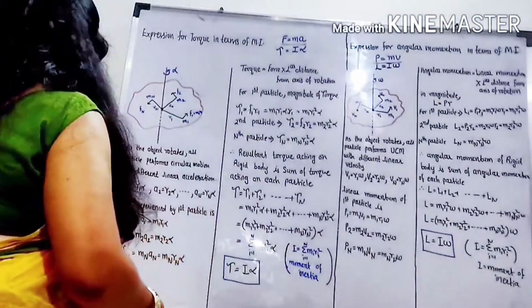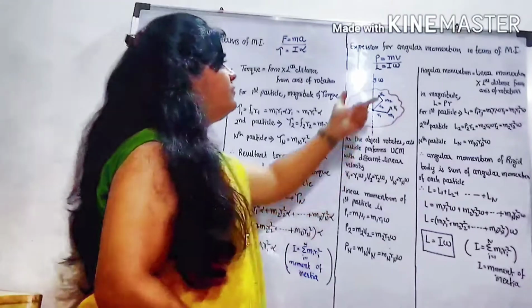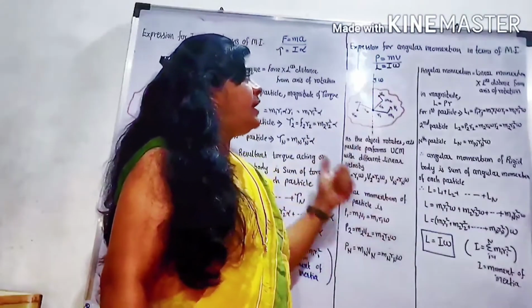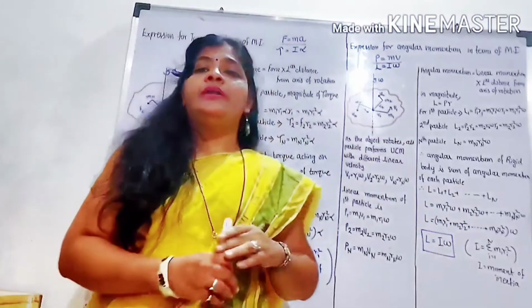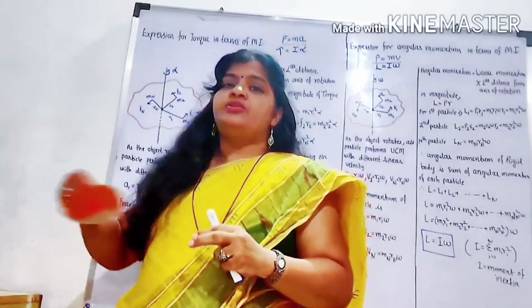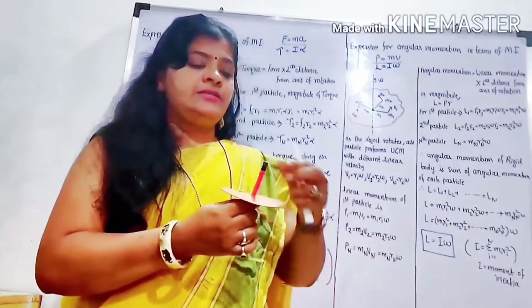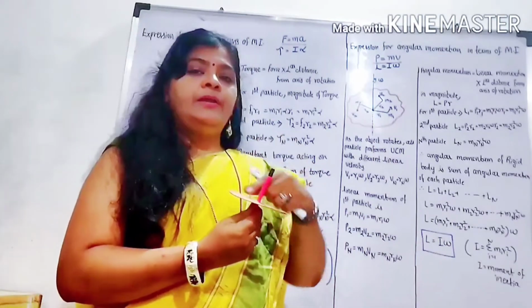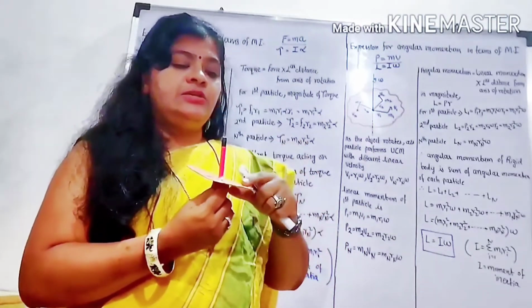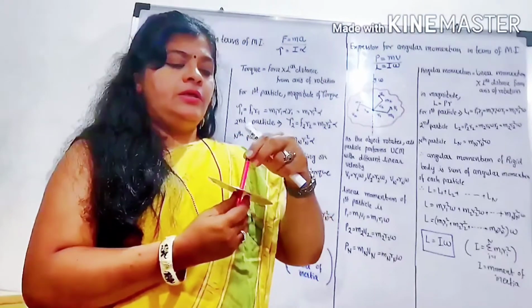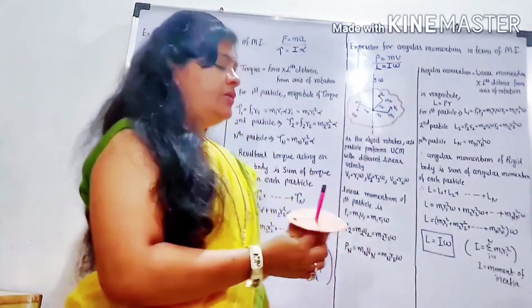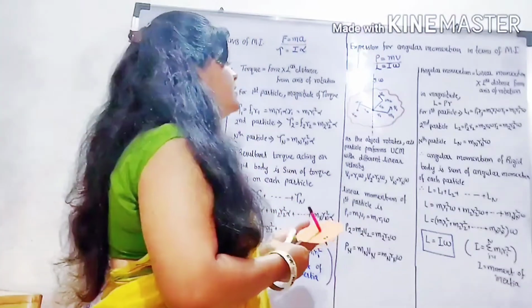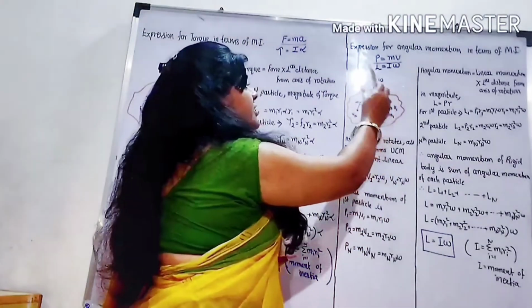Now come to the next point, the derivation of the angular momentum. Again we consider a rigid body. This rigid body is rotating about an axis perpendicular to the plane of paper, with a constant angular velocity.